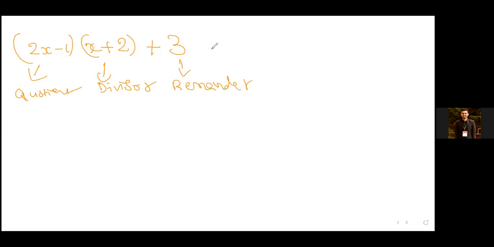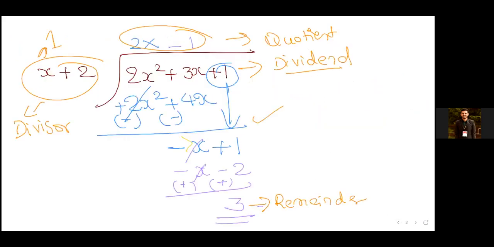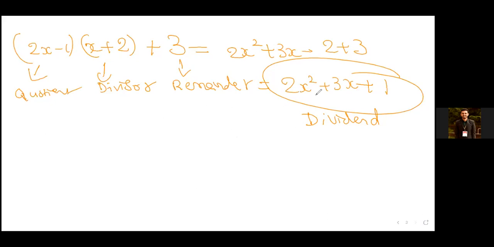When we simplify this, the term what we get is 2x square plus 3x minus 2 plus 3, or it is 2x square plus 3x plus 1. This is nothing but the dividend, right? So that we can verify this division process is correct.